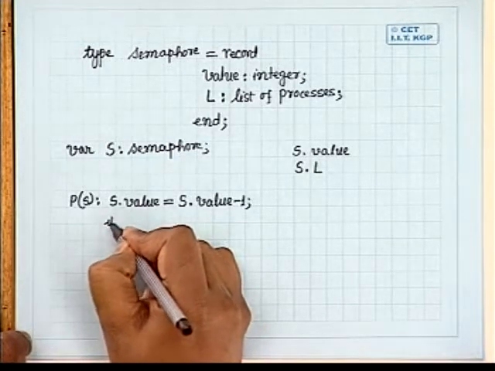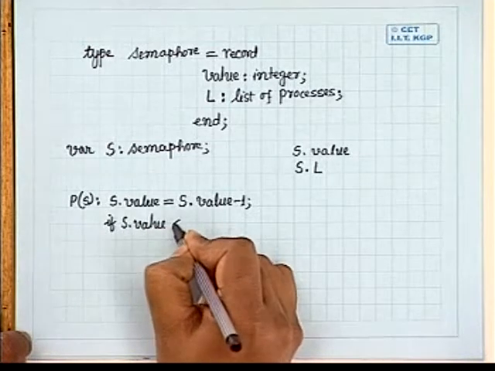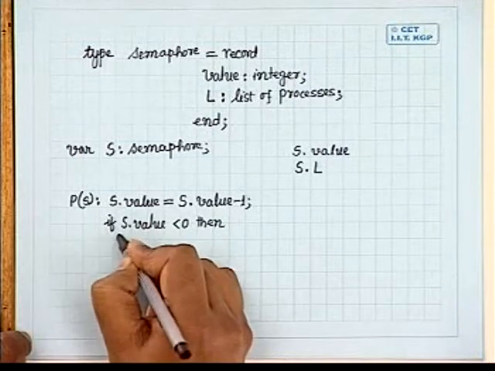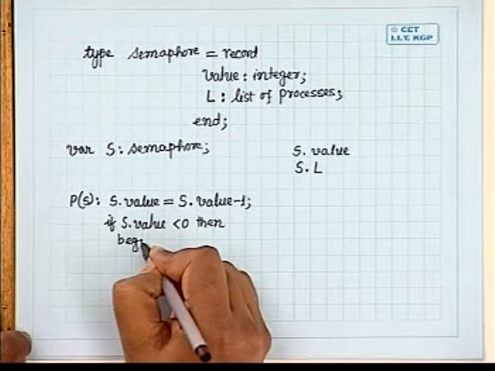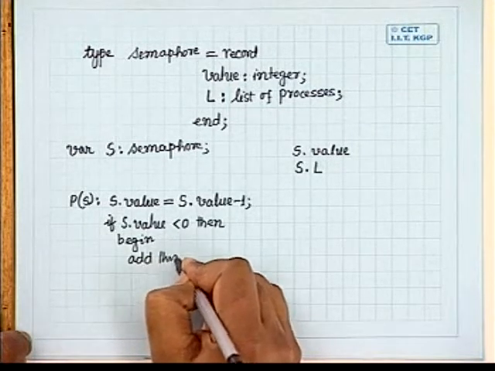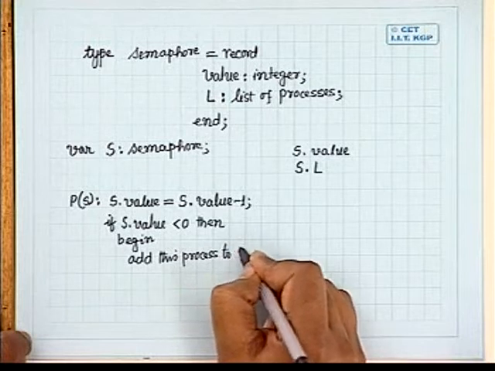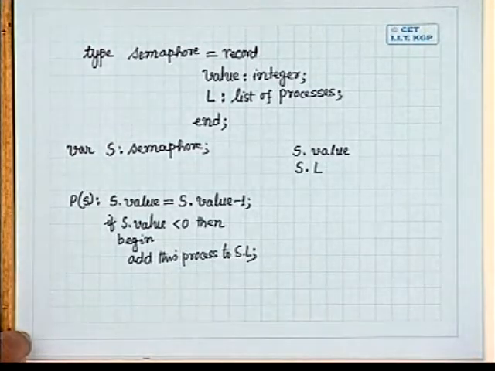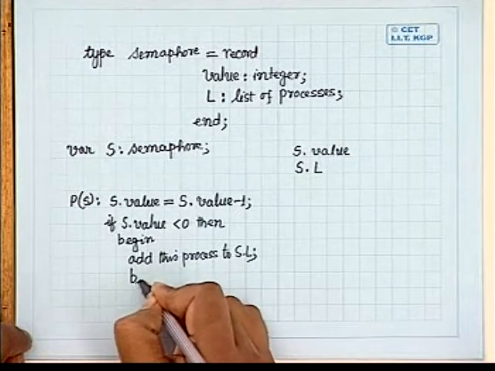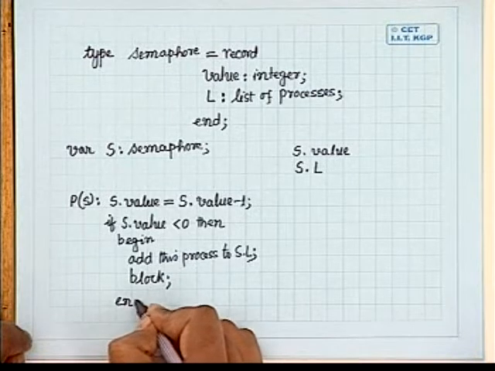So we put: if s dot value is less than 0, then begin, add this process to s dot L. Okay, you add the process to the list of the semaphore variable, and after adding the process to the list, you block the process. So this blocking is equivalent to putting the process into the wait state.